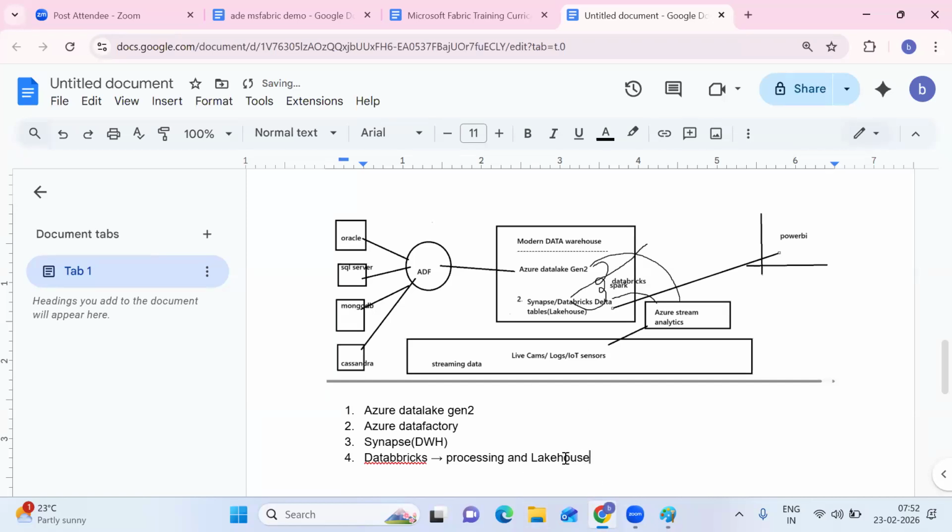Now you can use this Lakehouse as a replacement for Synapse, because Synapse is costly, Lakehouse is cheaper. So these are the major services.